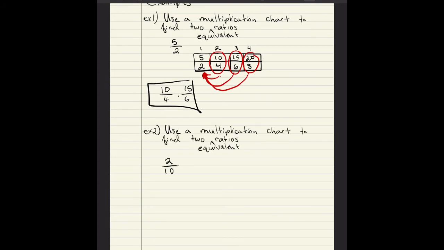Example 2, it's the same directions. Use a multiplication chart to find two equivalent ratios. So we're working with 2 and 10. So let's start by making our table and filling in our given numbers.